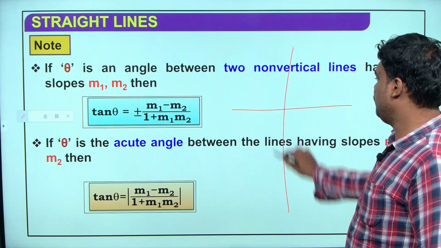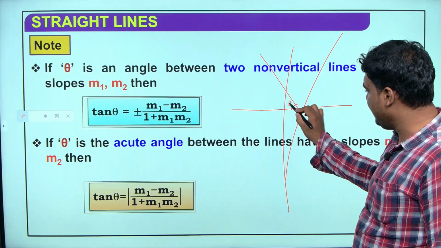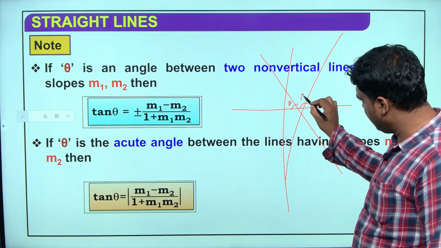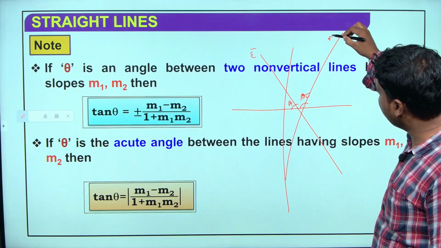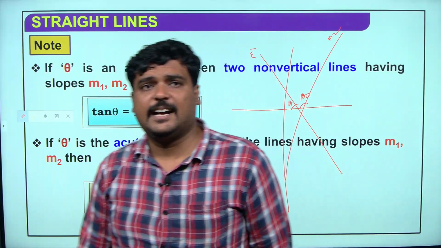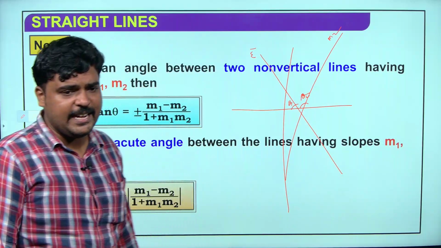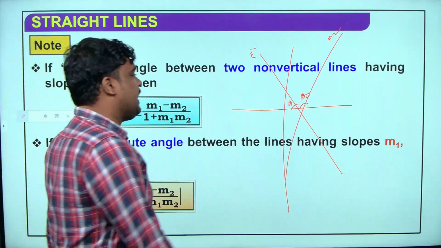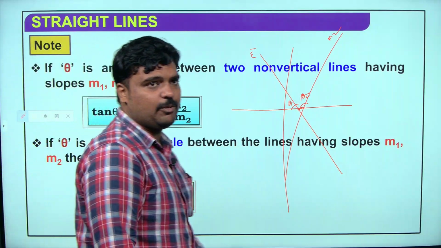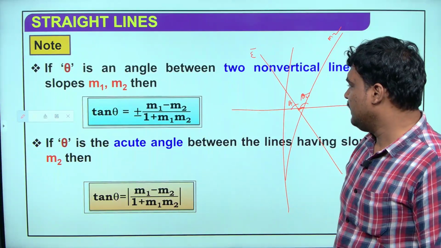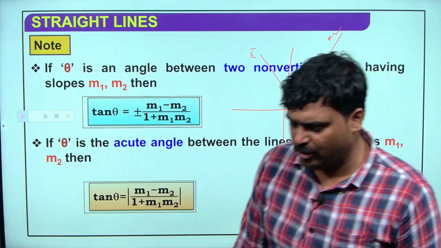If I have two lines like this, one at an angle theta1 and the other at an angle theta2, this will have slope M1 and this will have slope M2. If I have M1 and M2, the angle between them can be found using tan theta equal to (M1 minus M2) divided by (1 plus M1 M2). Okay, don't forget, note this formula.